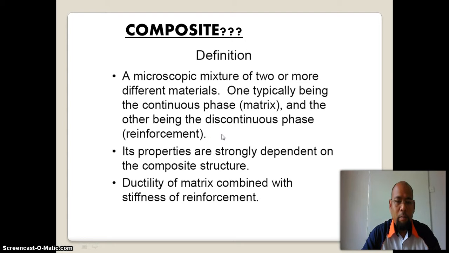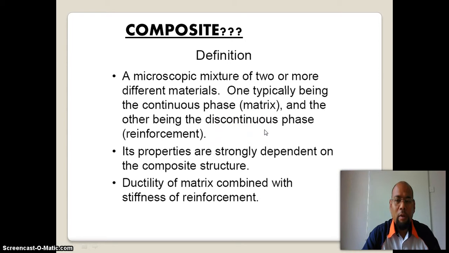Its properties are strongly dependent on the composite structure, ductility of the matrix combined with the stiffness of the reinforcement. So, examples of matrix are resin, the types of resin that we use, and examples of reinforcement or the discontinuous phase are the fibers.